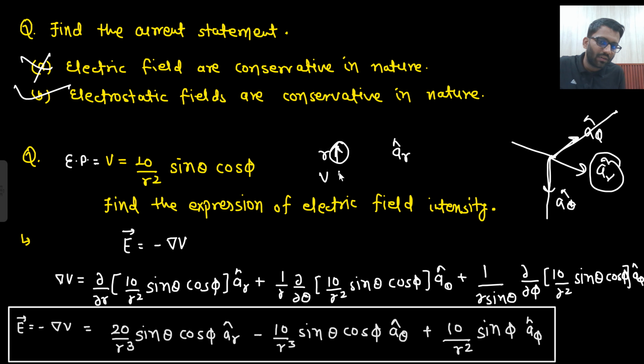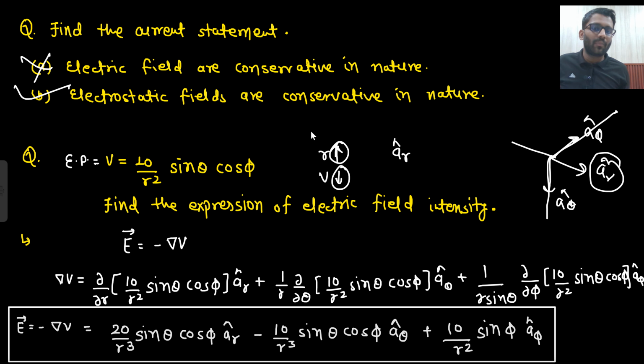V will go down. And what will be the direction of electric field? The direction of electric field will be in the same direction where electric potential decreases. Again I am repeating, the direction of electric field is the same as the direction where your electric potential decreases.